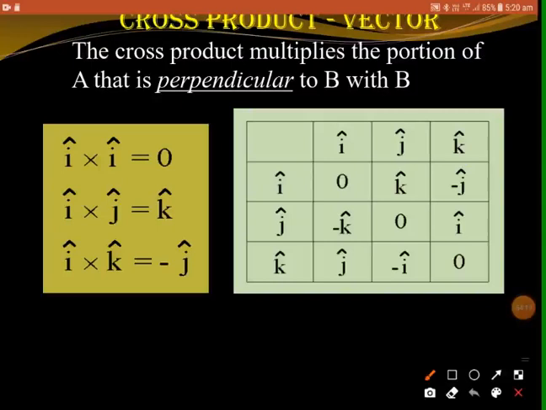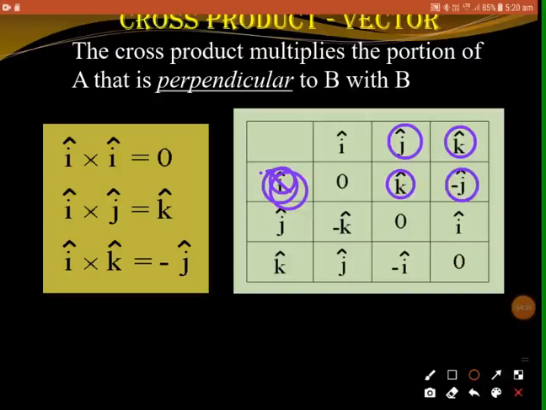If the cyclic order is maintained, then it will give you the third one. Suppose if it is i with j, next will be k. If it is i, next is j, but instead of j if you are taking k, then it will come as minus j. Order is not maintained.